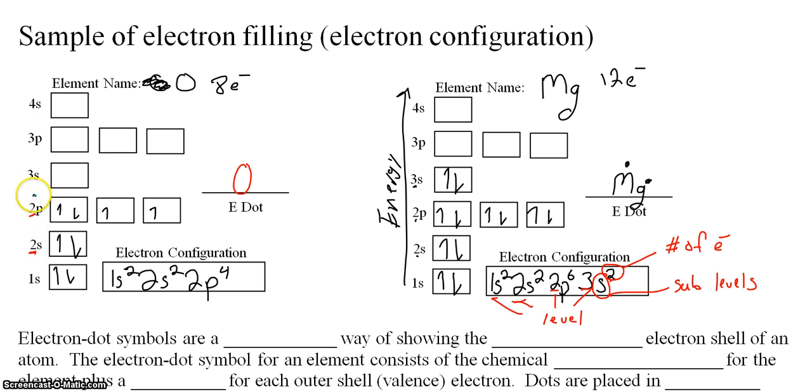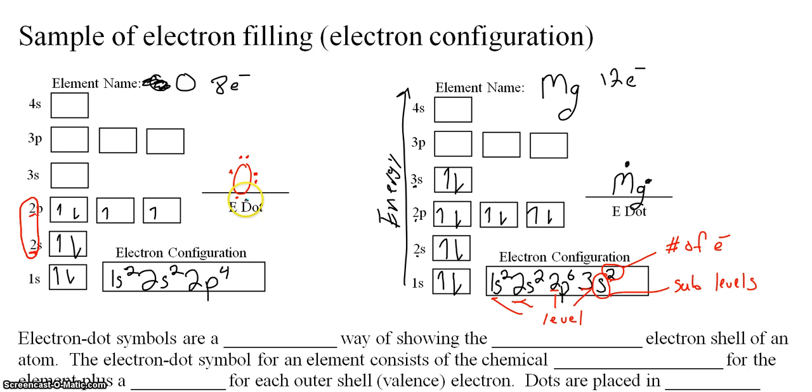So we have to look at all the 2's, the highest energy level. So I have 1, 2, 3, 4, 5, 6 electrons there. So I've got to put 1, 2, 3, 4, 5, 6. There's my dot structure.